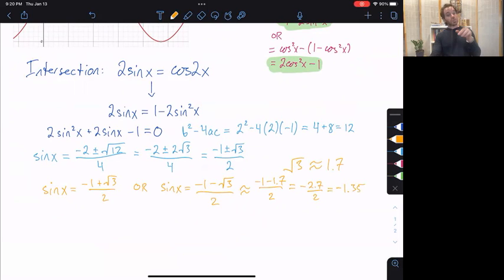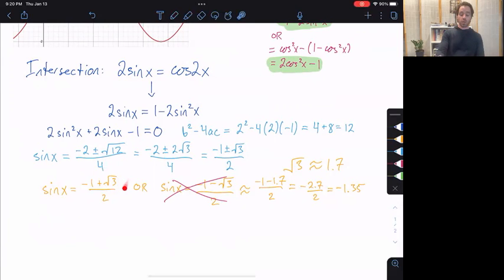Now think about it. Sine and cosine are those functions that live on the unit circle and cannot exit the unit circle. That means it can't possibly get all the way down to negative 1.35. Sine of x can only be as low as negative 1.